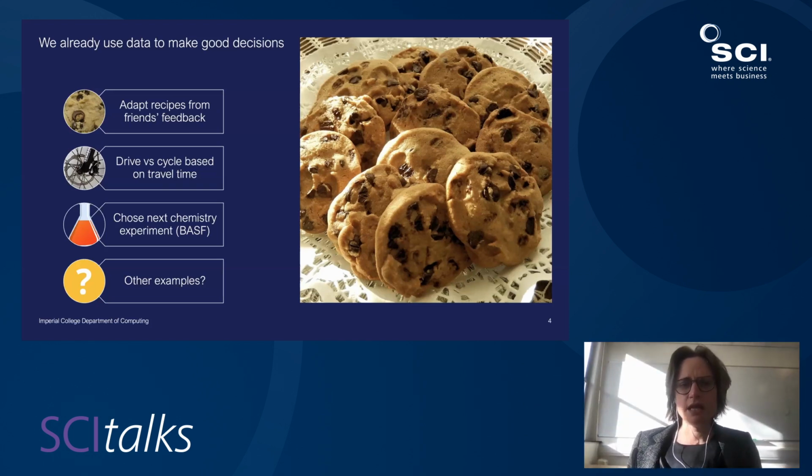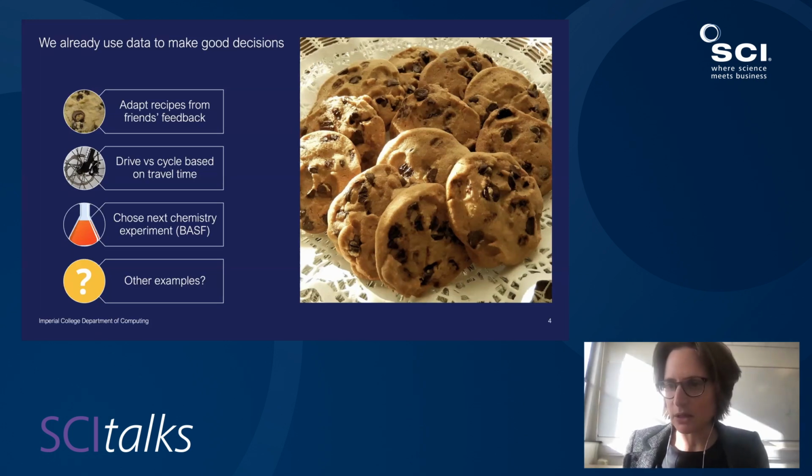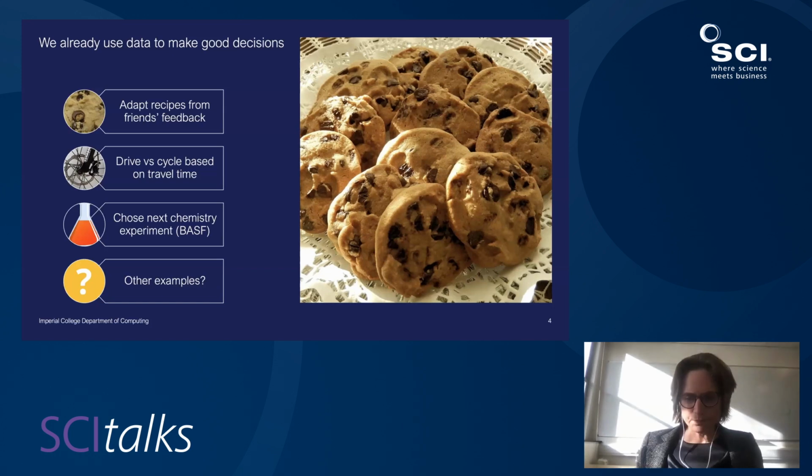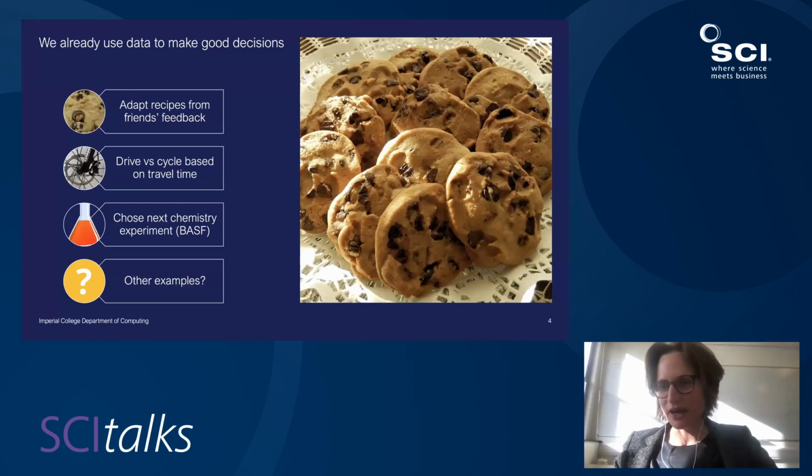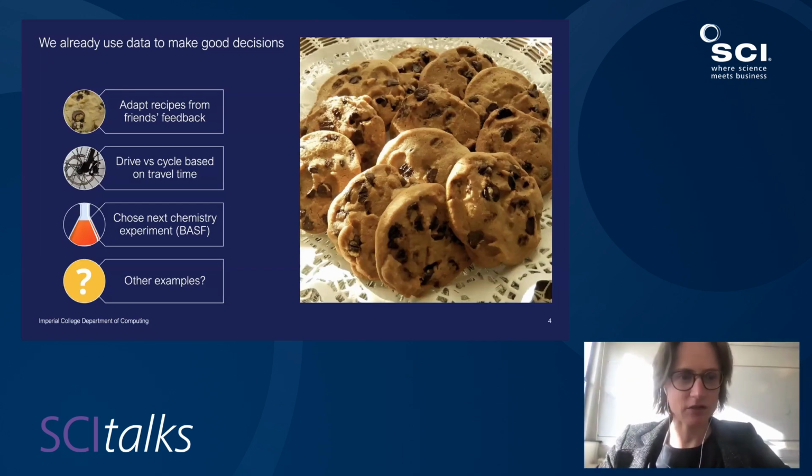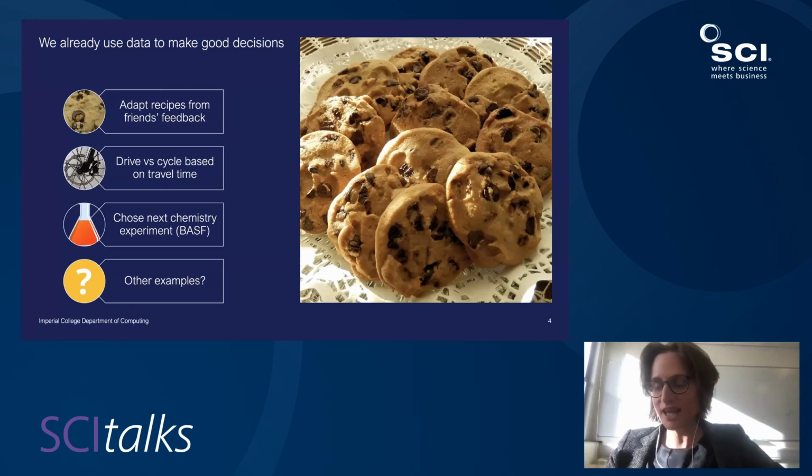But of course, in our own everyday life, one of the ways that I might use a very similar set of techniques is adapting recipes, for instance, from my friends' feedback. When I think about examples like this, I'm almost thinking about chemistry the way I think about cooking, right? I've got these things that I mix together and I want to do the best thing possible. I'm a big cyclist.